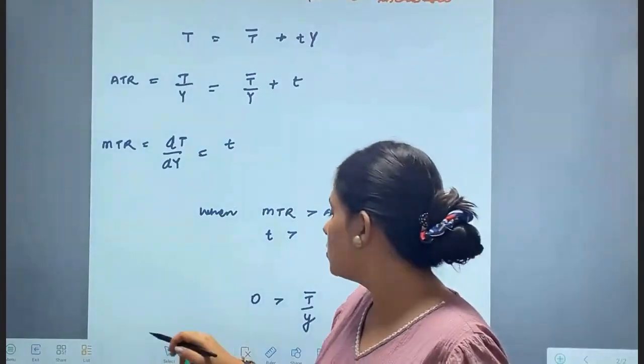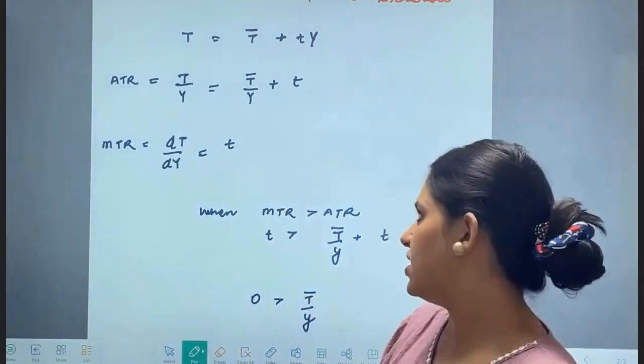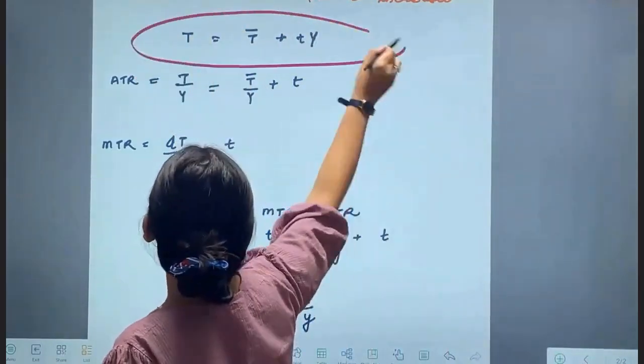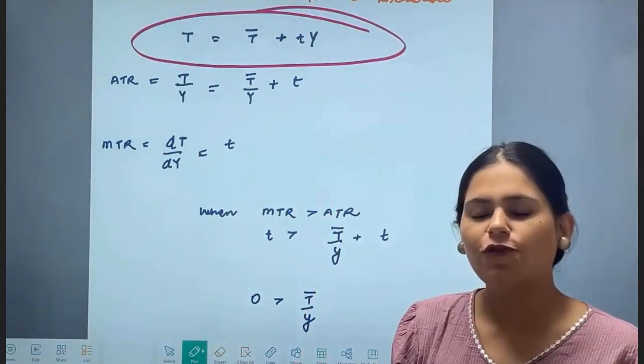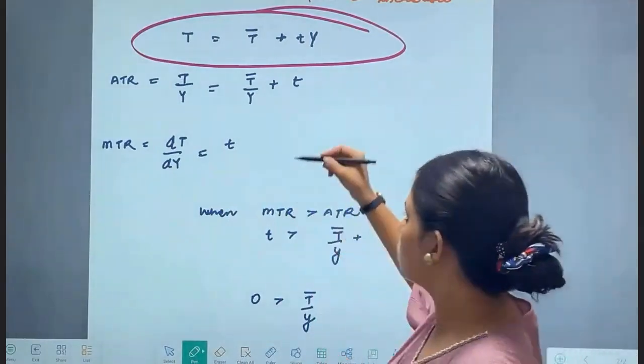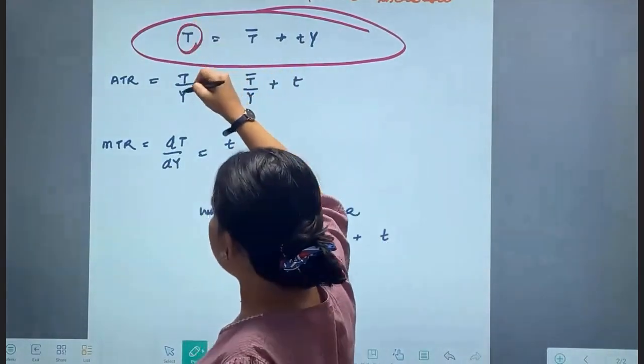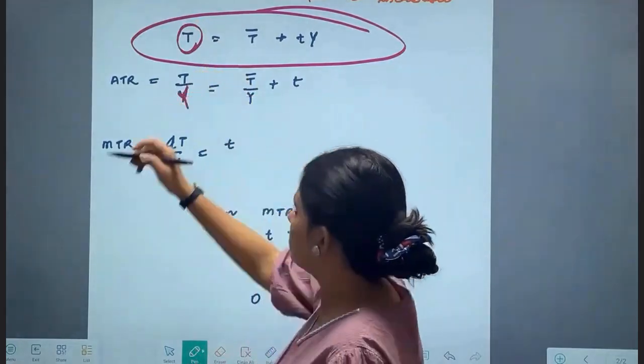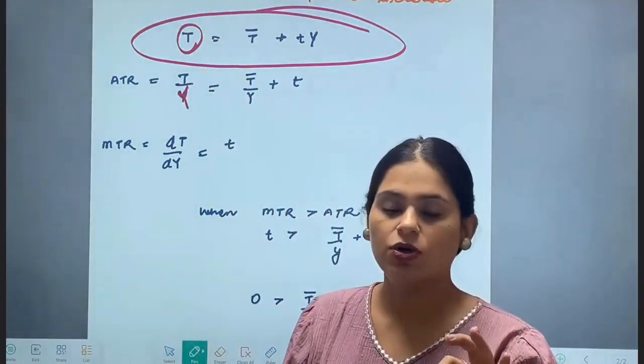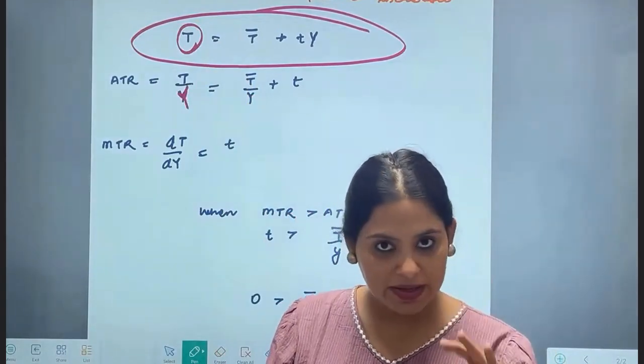You are given a tax function like this: T is equal to T bar plus small t y. What will be the average tax rate? Total tax divided by income. We need to understand this carefully. Total tax divided by income.